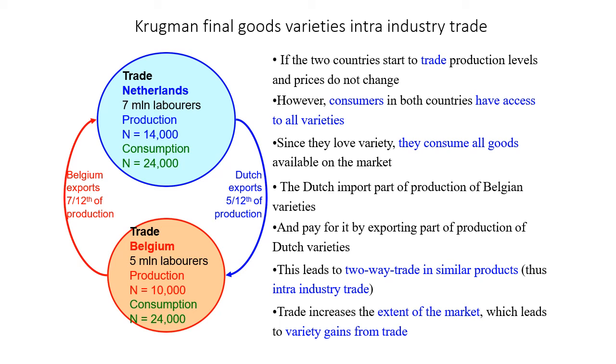This is two-way trade in similar products, and this is what intra-industry trade is. In total, because consumers are now exposed to more varieties, there is more utility and welfare for both countries. This happens purely because the market got bigger and the variety has increased, and that has led to your gains from trade.